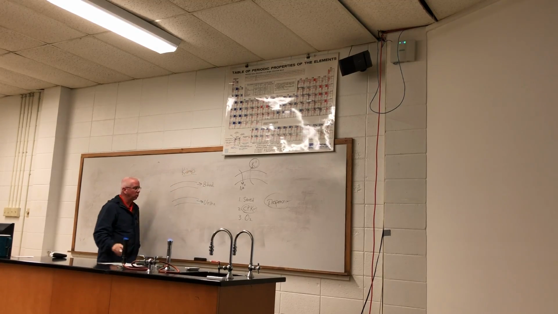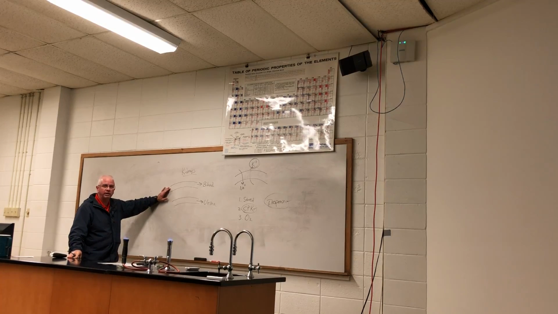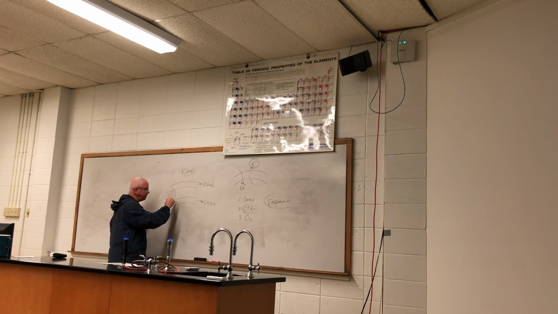you have a tubular network where blood is passing through the kidneys and liquid from that blood is passing through a tubular network in the kidneys. Whatever comes out of your blood into these kidney tubes will end up in the urine.